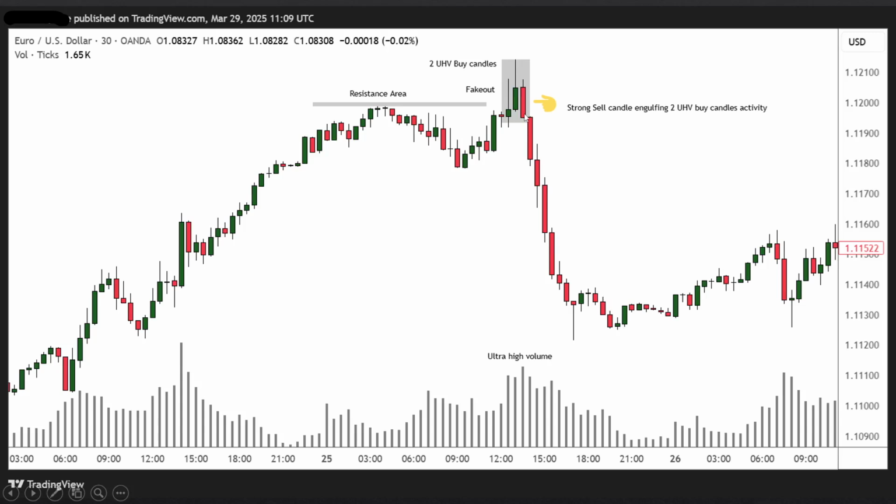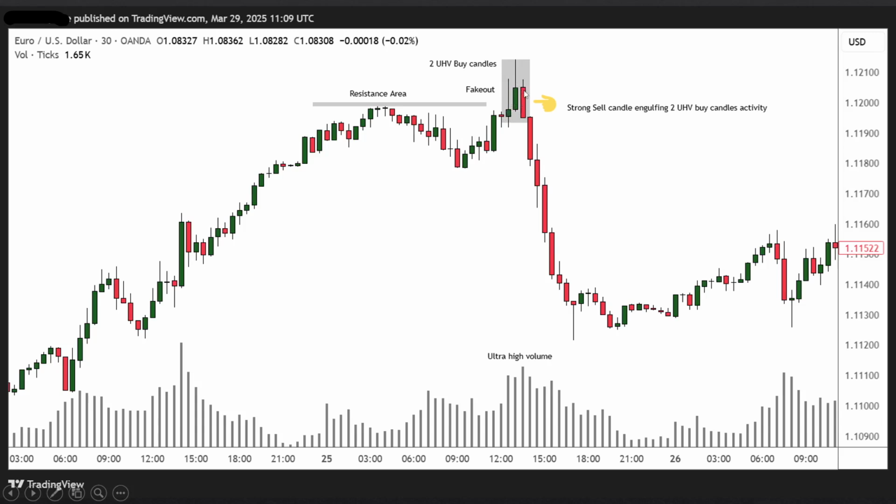Because at this high volume, market makers are actually not only canceling their buy orders, but they are actually aggressively selling as well. By looking at the overall structure and pattern, previously on two candles there was a huge selling by smart money, because smart money sells on bullish candles.